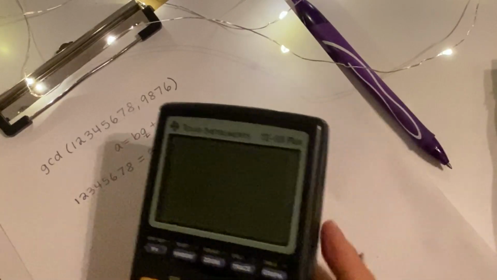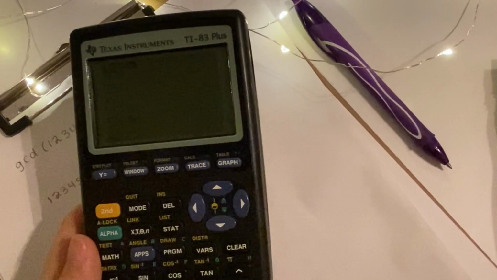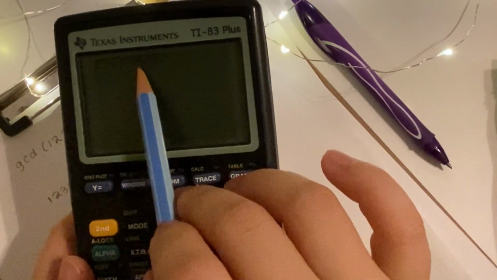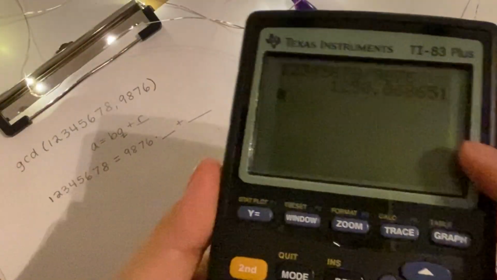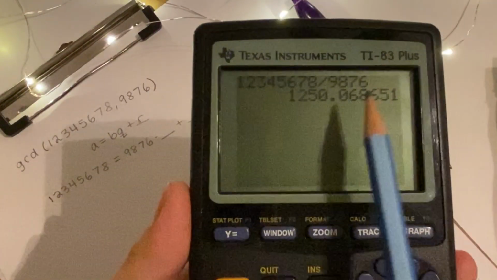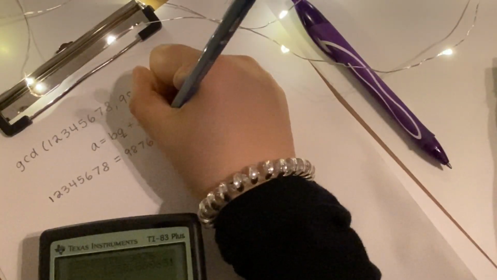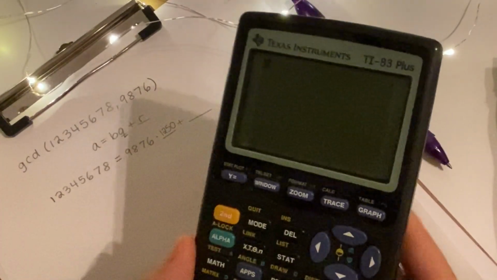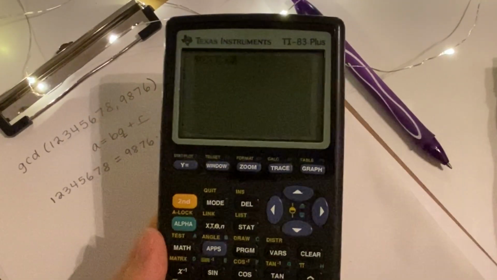So in this case, I'm going to most definitely use my calculator. 1, 2, 3, 4, 5, 6, 7, 8 divided by 9, 8, 7, 6. So it's 1, 2, 5, 0. And we round down, even though there's more stuff. And then I'm going to go ahead and do this times this. 9, 8, 7, 6 times 1, 2, 5, 0.